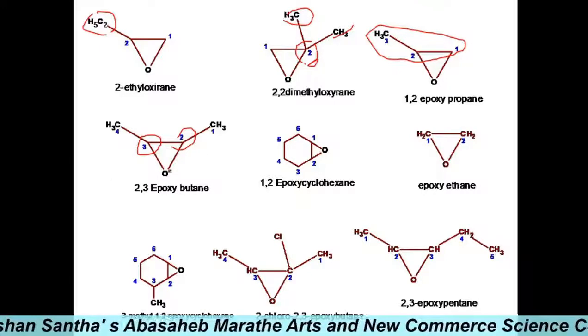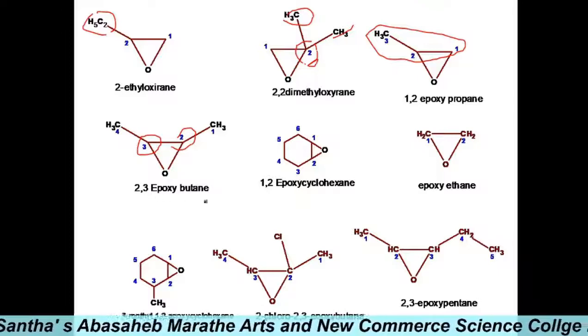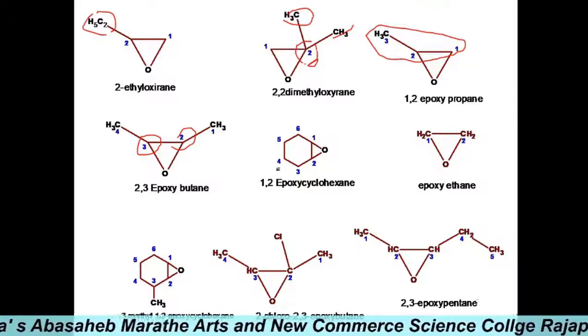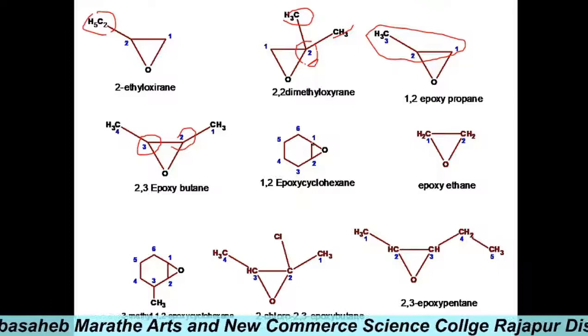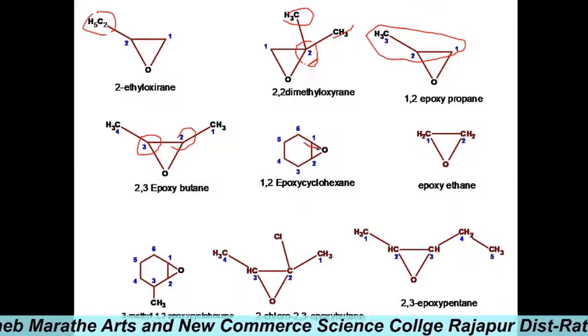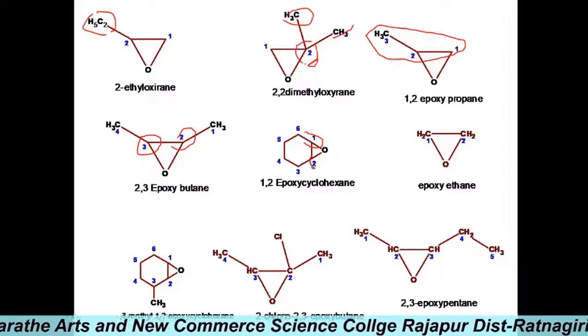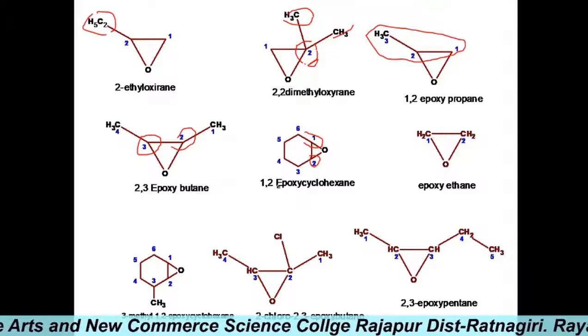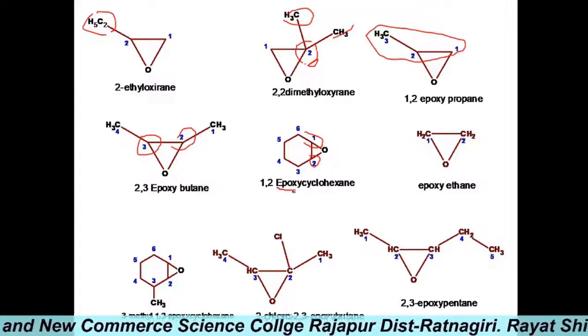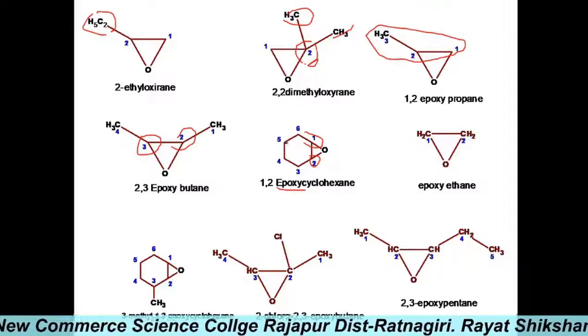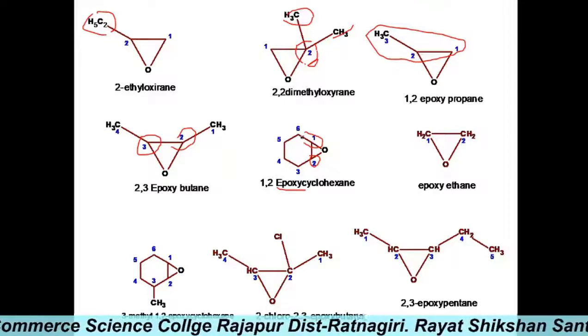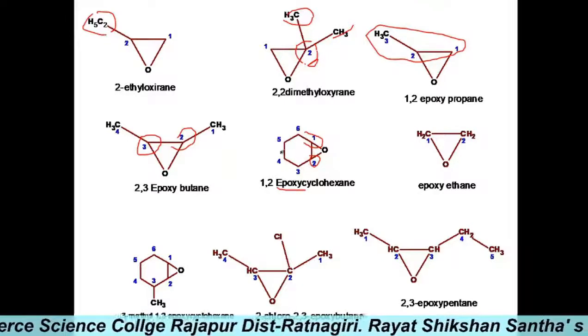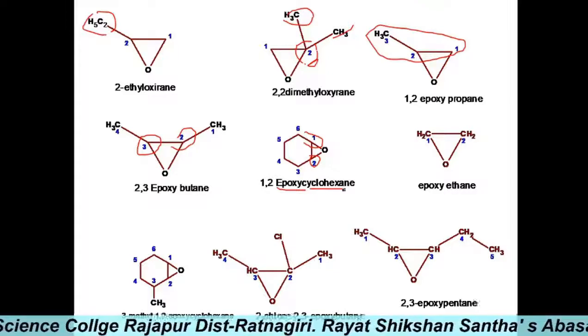Total carbon is 4, so the name is butane. Next example, the first and second positions have the oxygen, so 1,2 with the prefix epoxy, and the parent name is hexane. Which hexane? Cyclohexane.